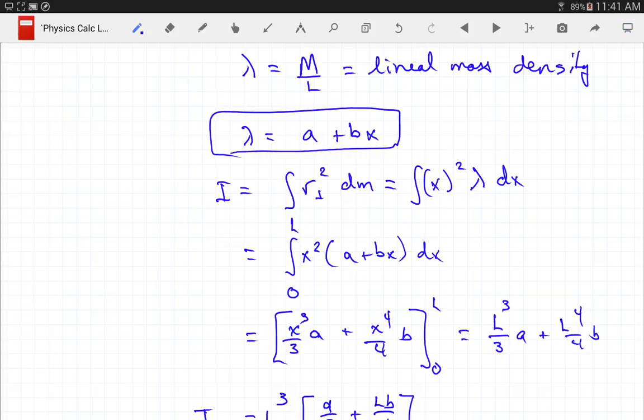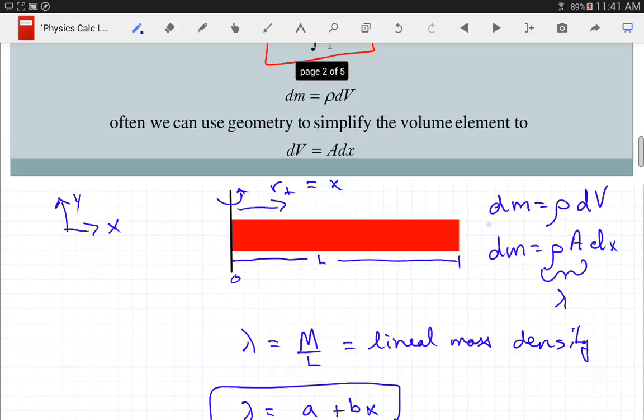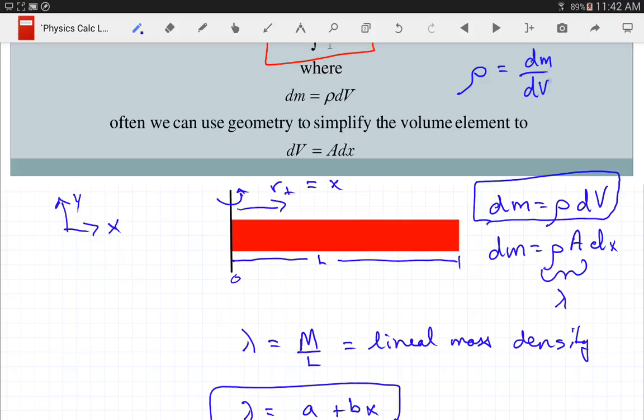And then as far as dm equaling rho a dx, can you walk us through that process, how we would find that? Okay, this here is a definition. Or to put it more succinctly, the density is dm over dv. That's the definition of density.